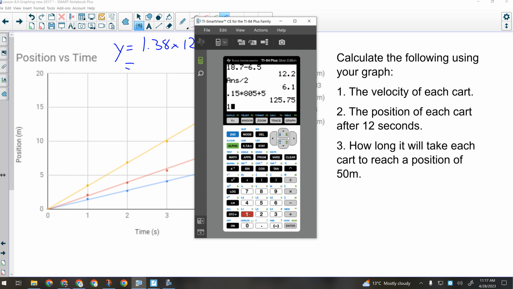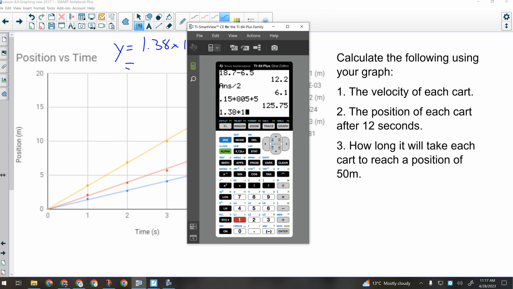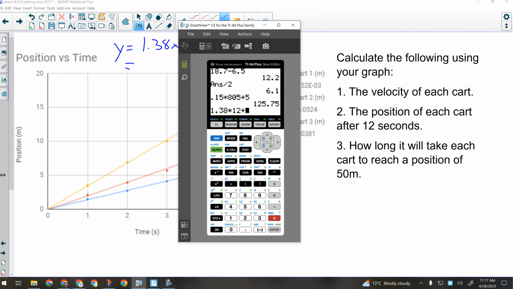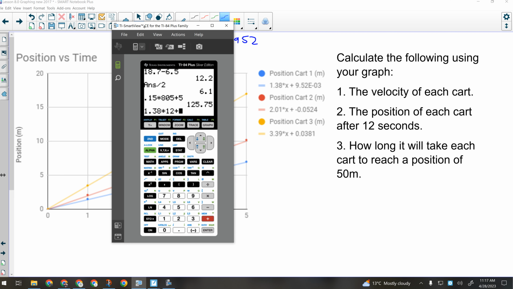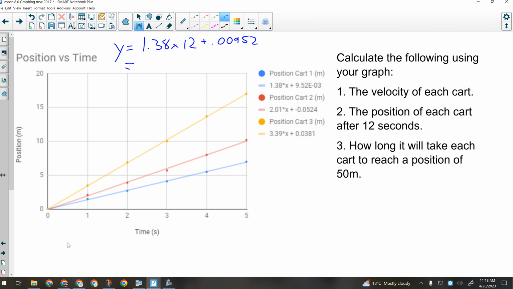So 1.38 times 12 seconds, plus, it was plus, right? Yeah, 0.00952. All right, so for the blue car, that'll be 16.6 meters.